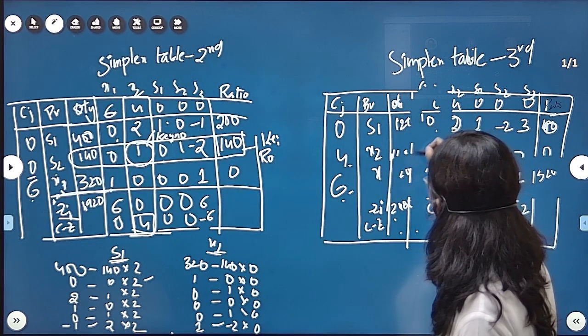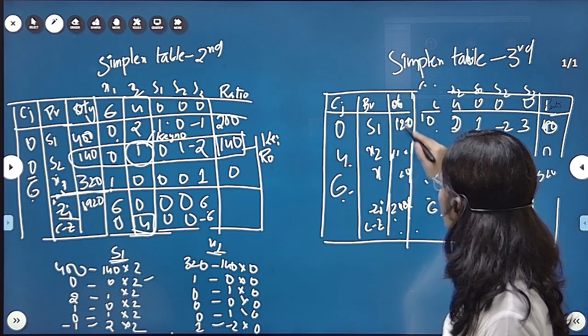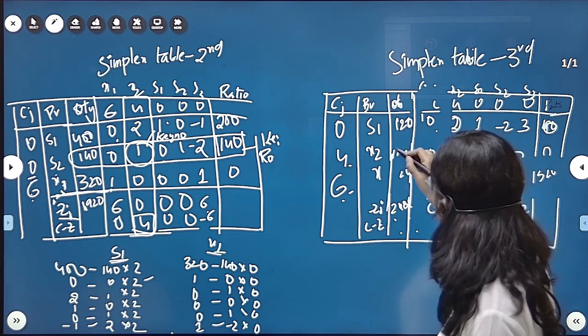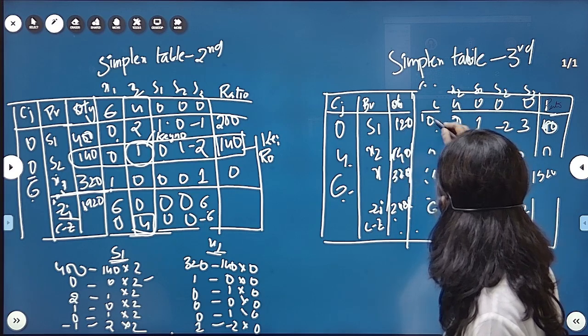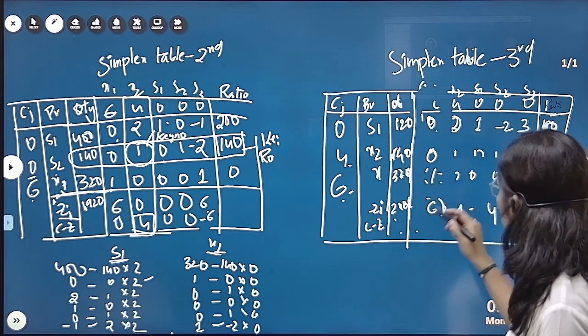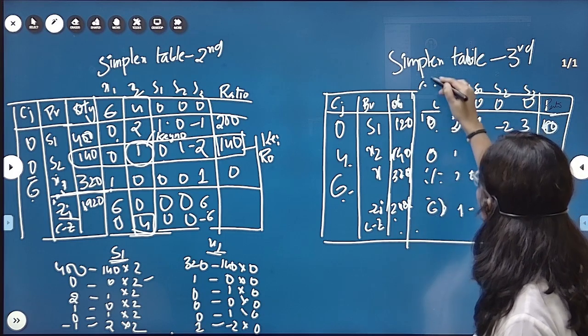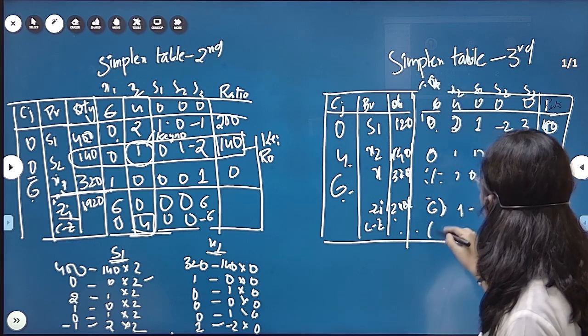What are the values here? 120 and this one? 140, 320, here 0, 0, 1. Okay, this is 6, right? So C minus Z values, tell me. 6 minus 6, 0.